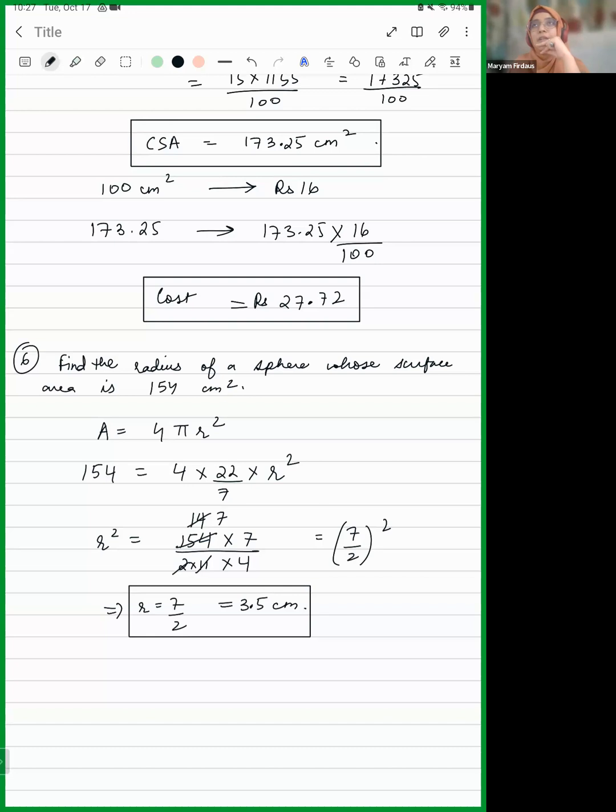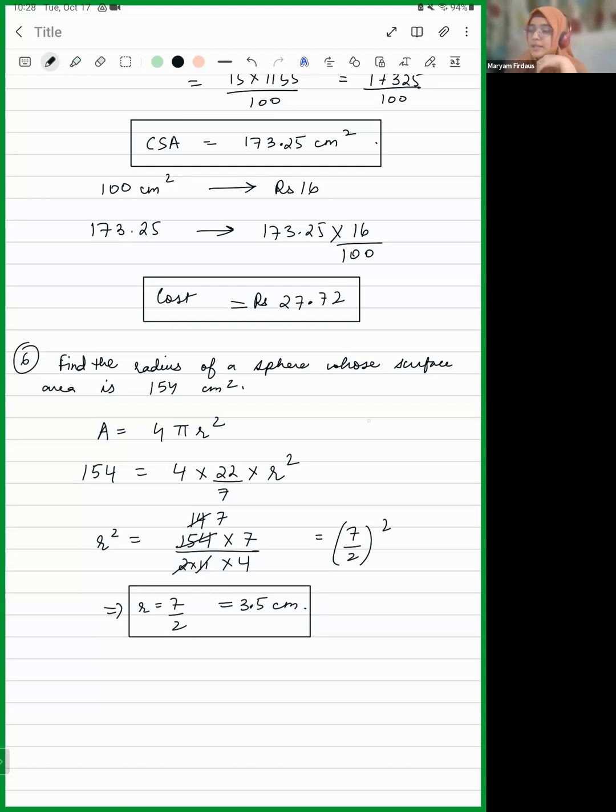But 539, check whether it is divisible by 11 or not. Okay, ma'am. Yes, it is. So 539 is divisible by 11 and the denominator is also divisible. So just simplify it. 539 is 11 into 49, so that will be 49 divided by 4, right?